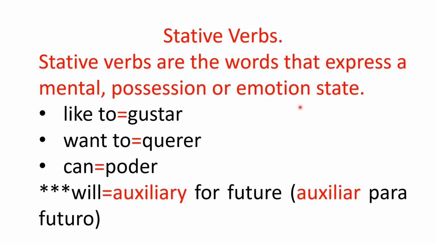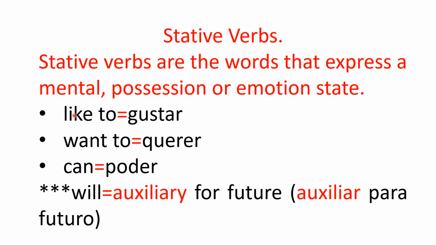Presentan un estado mental, posesión o estado de emoción. These are the stative verbs. That's the difference with the other verbs that show action. Esta es la diferencia de los verbos que sí muestran acción. Estos no. These ones no. They show a state. Do you see?